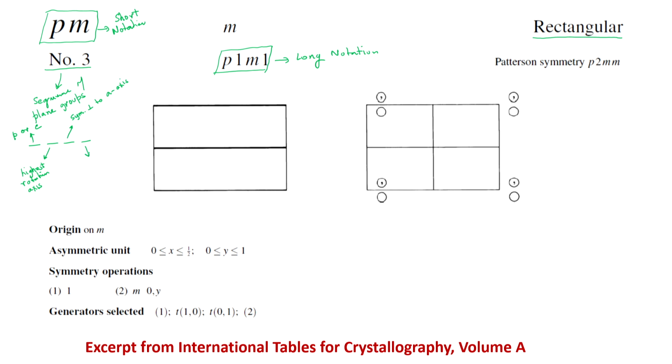And the 4th symbol is the symmetry plane again, glide or mirror, which is at an angle alpha with respect to the A axis. So, this is just a repetition of what I have already stated in the earlier lecture, and you can see that this long notation can be constructed by these set of rules.